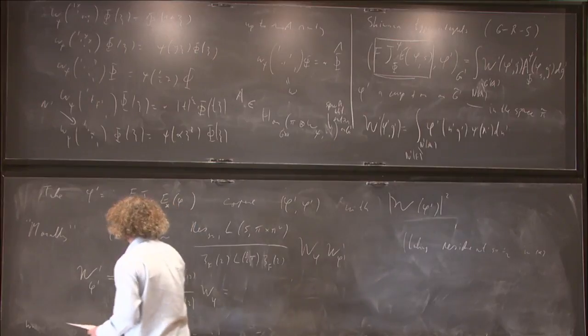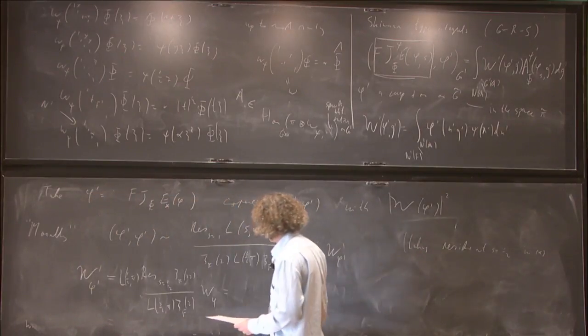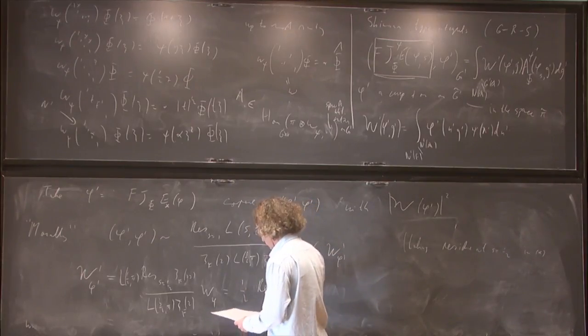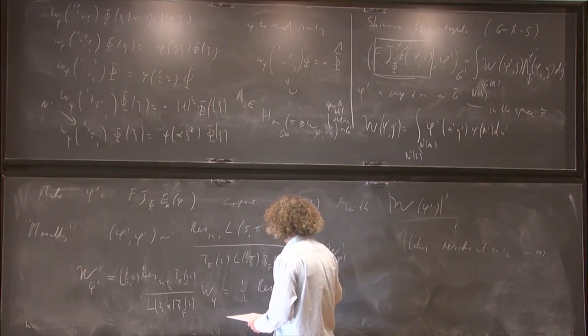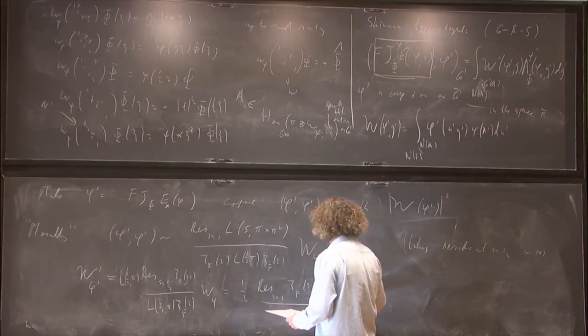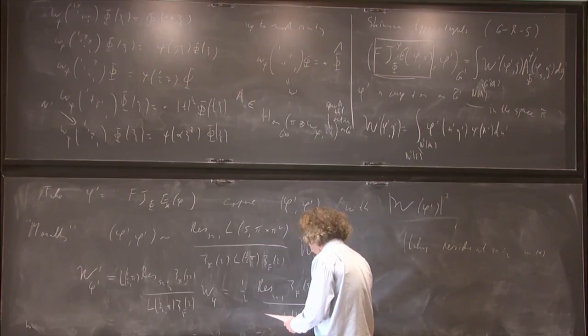There should be the L half pi. I guess I forgot. So that's 1/2 of the residue at 1. Okay, L3 half pi, just F2.